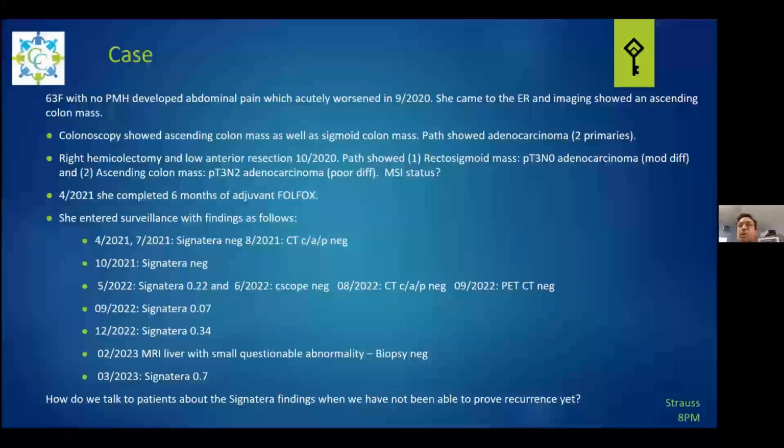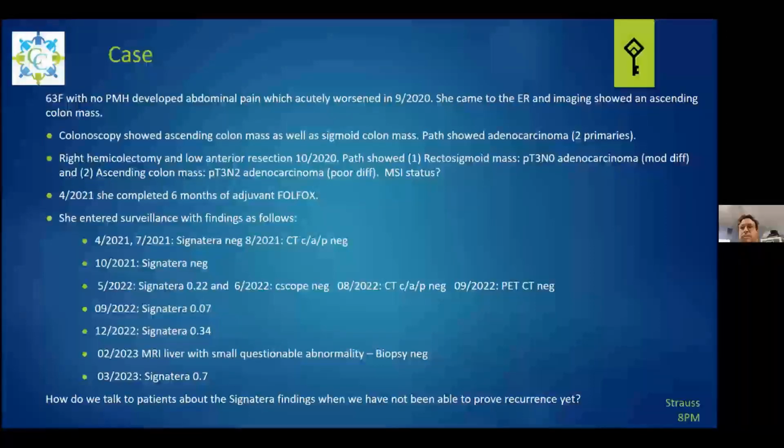I don't have biopsy-proven recurrence. Her disease was over a year prior. So we've created this difficult scenario through our surveillance. So I'm curious if you've had scenarios like this and how you talk to patients about it, because I'm making her quite anxious, obviously. And I don't know what to tell her beyond, she might be recurring, but I can't prove it yet.